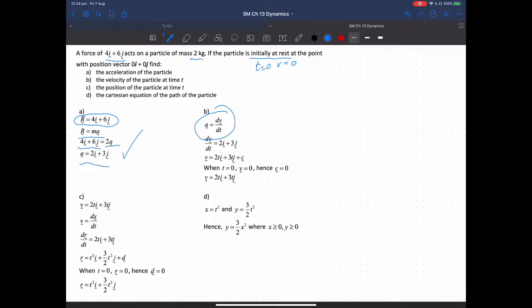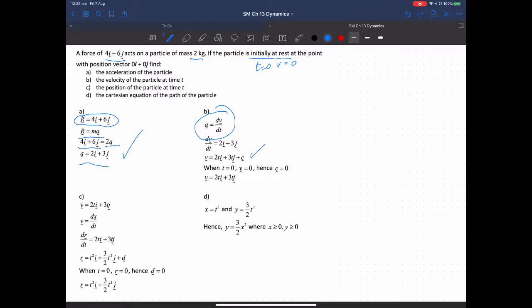So we know that the derivative of the velocity vector with respect to time is equal to 2i plus 3j. Anti-differentiating these, we get the velocity vector equals 2t in the i direction plus 3t in the j direction plus a constant vector.